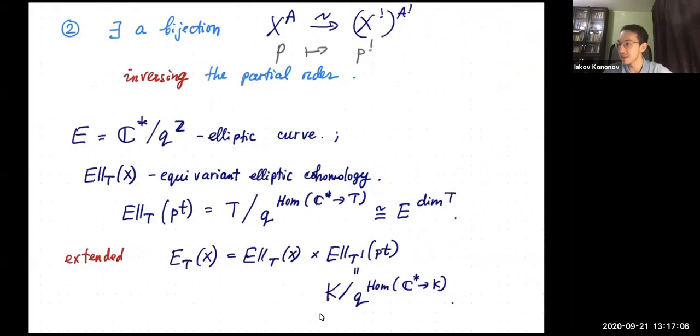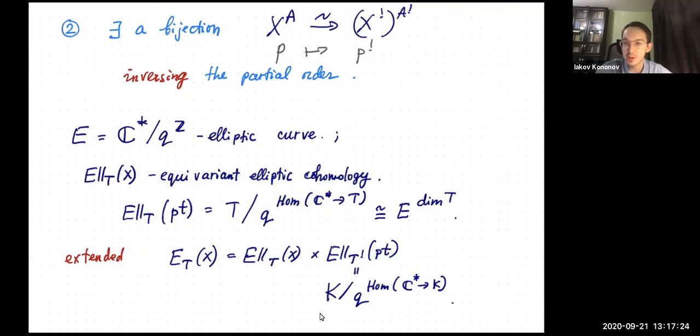So the second assumption for 3D mirror symmetry is that there is a bijection of the fixed points, and it reverses the partial order. Later it will be clear why it should reverse.